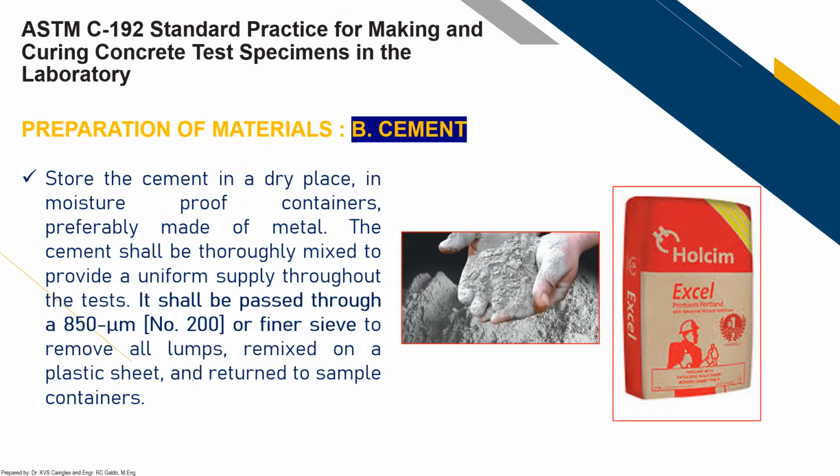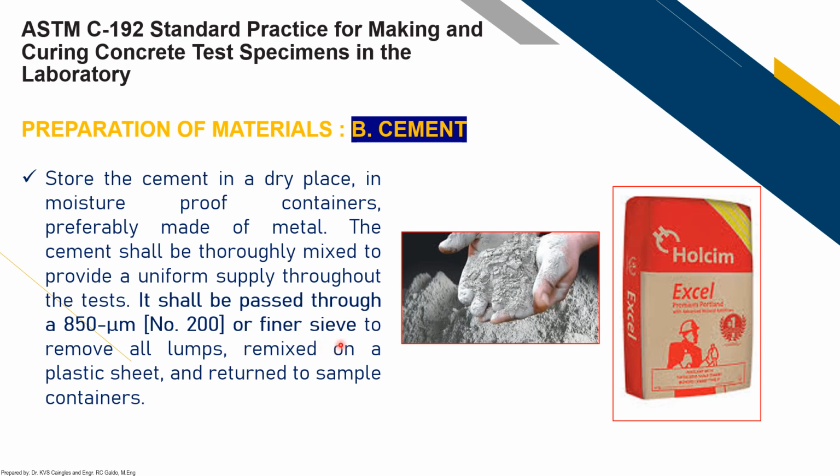Okay? Next is for cement. Before we incorporate cement in our concrete mixture, you have to remove all the lumps or any unnecessary materials that may be mixed in with the cement. It has to be pure cement, so to make sure, as stipulated in the ASTM provision, it shall be passed through a number 200 sieve or finer.